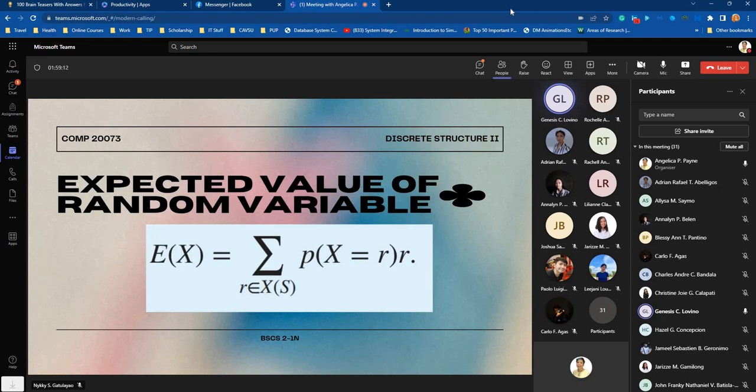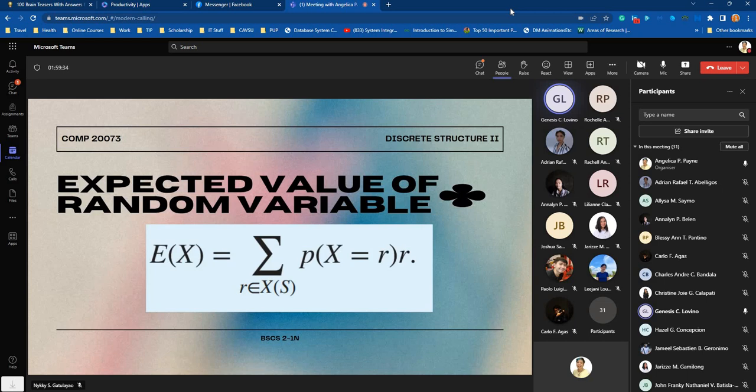Yun yung ating expected value of random variable. Yung expected value of random variable will be the weighted average of the values of the random variable. Di ba, kung, for example, naka 5 tosses ako, dapat meron tayong weighted average nun kung ilang heads na makukuha natin every time in 5 tosses.